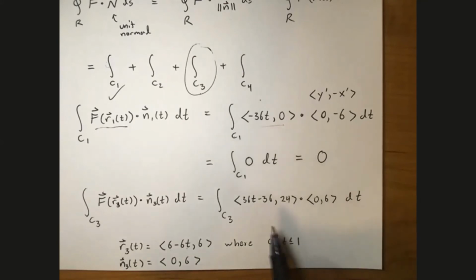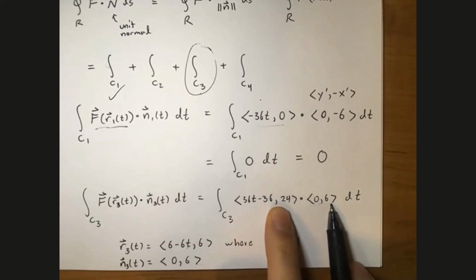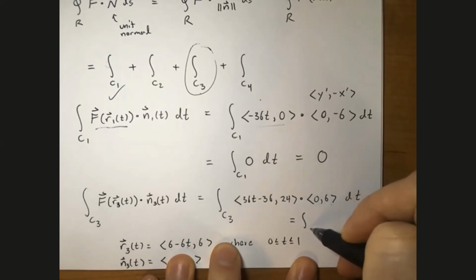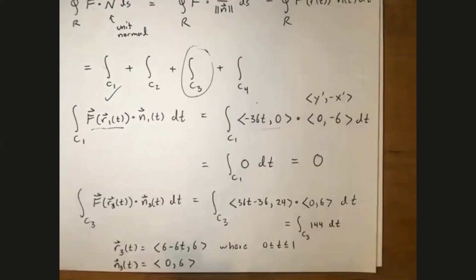And so here I'm getting something different than before. When I dot these, I get 0 plus 6 times 24. So 6 times 24 is 144, I think, right? So this is going to be the integral along C3 of 144 dt.